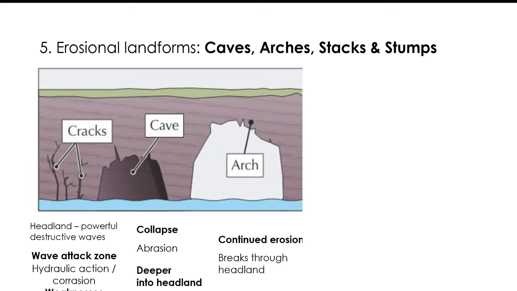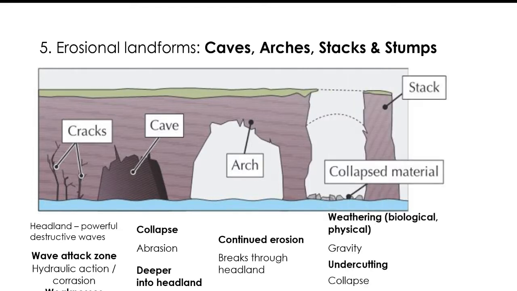So that erosion will continue, but another important factor that will have been happening all the way to this point already, but becomes quite a main process, is weathering. You're going to get a lot of weaknesses being created on the top of the headland, so biological weathering and chemical weathering, and that will weaken the top of the arch, whilst it is getting wider at the base through the force of the waves.